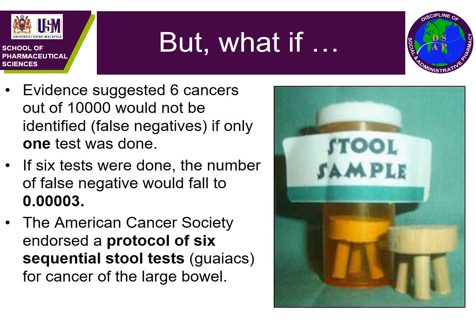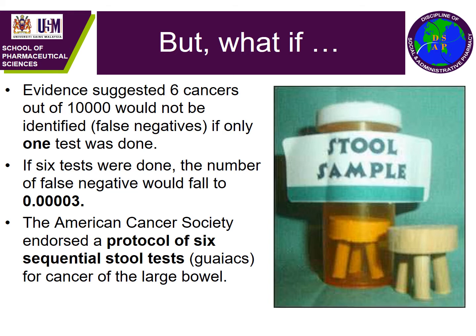In that study, the researchers showed that there was evidence at that time that suggests 6 cancers out of 10,000 would not be identified, false negative, if only one test was done. If 6 tests were done, the number of false negatives would fall to 0.00003. Well, that's a very, very low number.